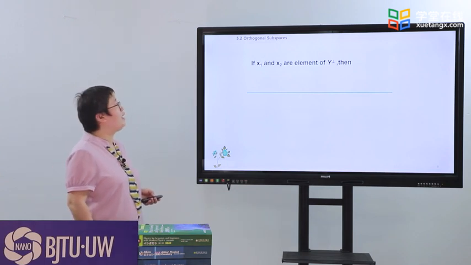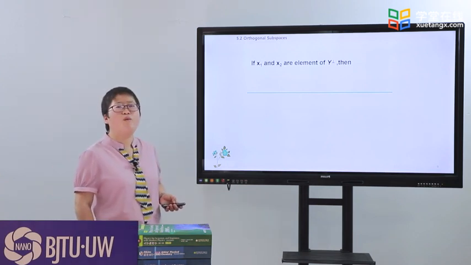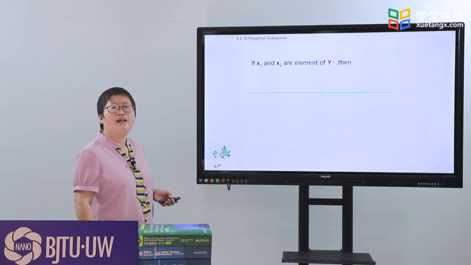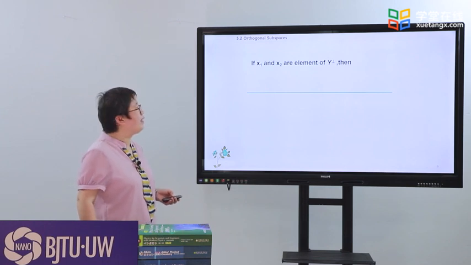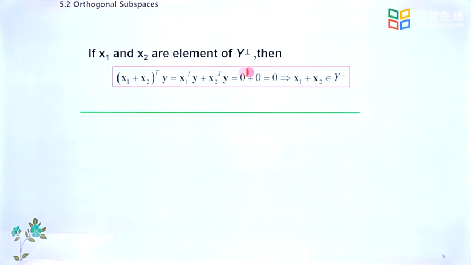If x1 and x2 are elements of Y orthogonal complement, now we consider the addition. So x1 plus x2 transpose y equals x1 transpose y plus x2 transpose y equals 0 plus 0 equals 0. So this indicates that x1 plus x2 is also in Y orthogonal complement.